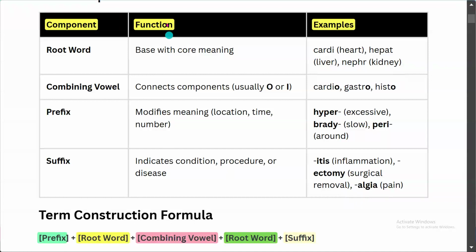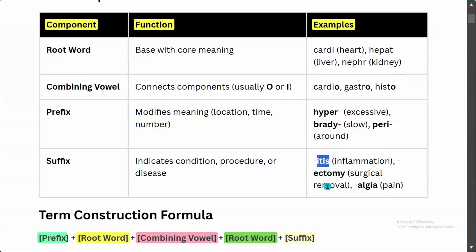Like the same thing, suffix words. The main function of suffix words is to indicate a condition, procedure, or disease, like itis, inflammation; ectomy, that means surgical removal; or algia, that means pain.